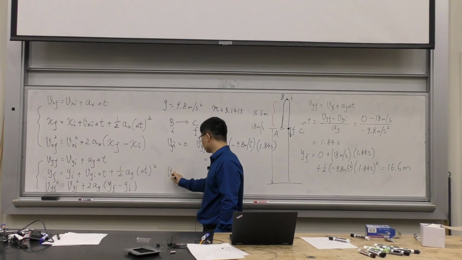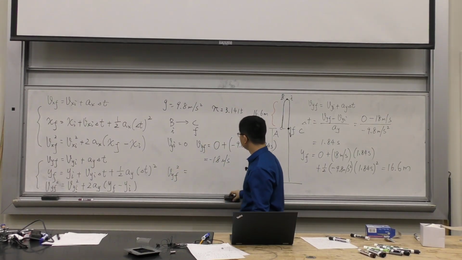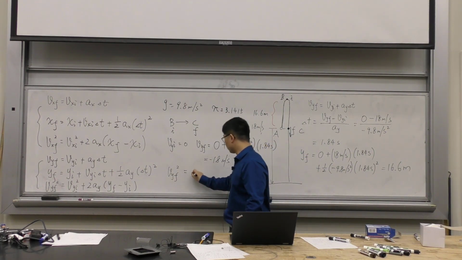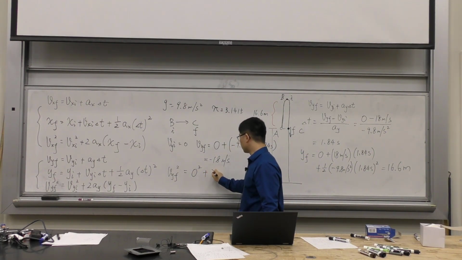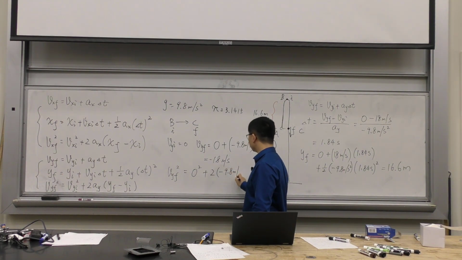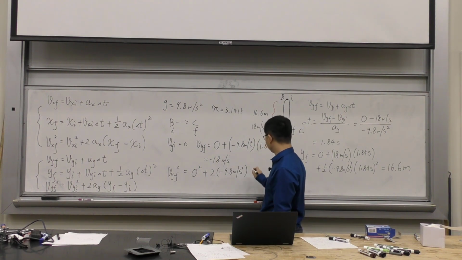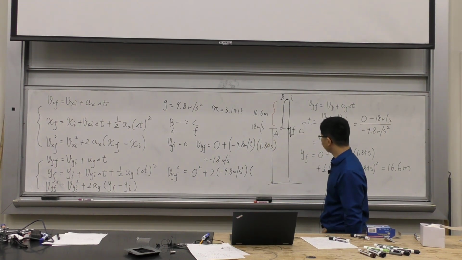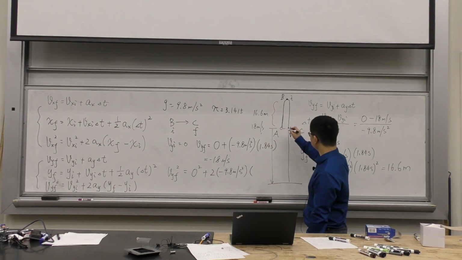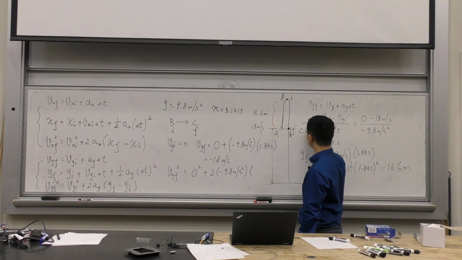So let's try that. If I do this, I would use v initial, which is 0, squared, plus 2a(yf minus yi), with a as negative 9.8. Now I'm still picking these 2 points, but now I'm using the third equation. Remember we set this as 0 height.